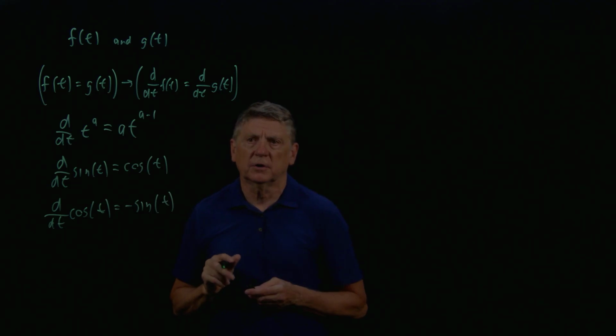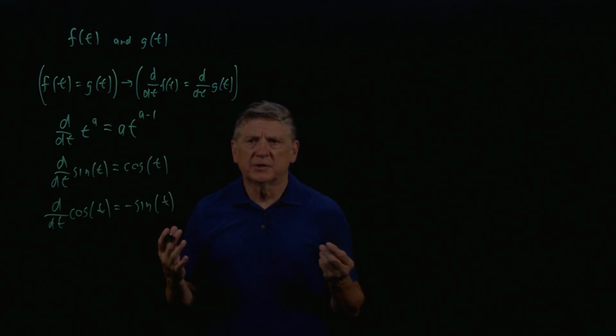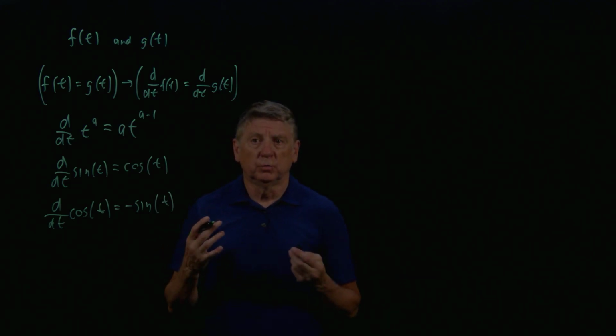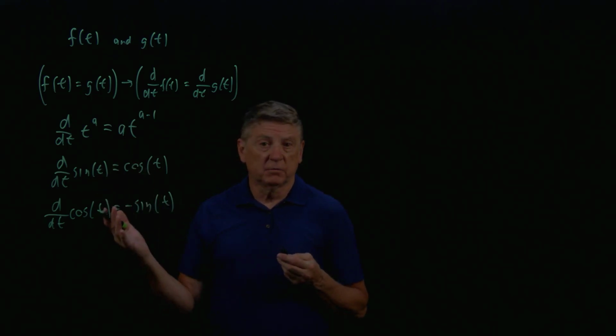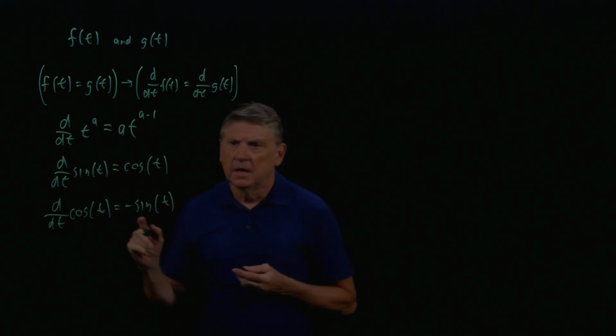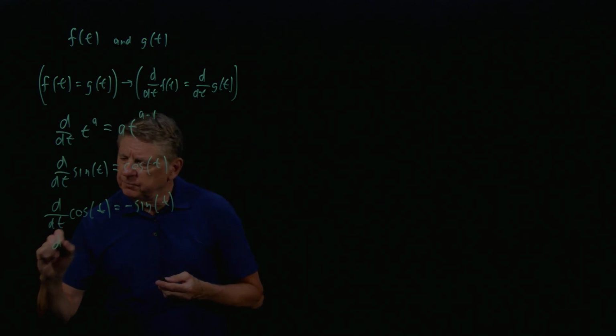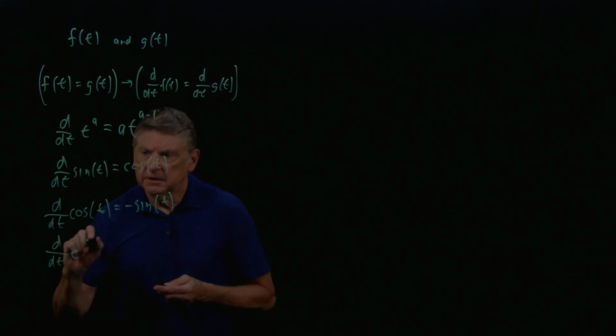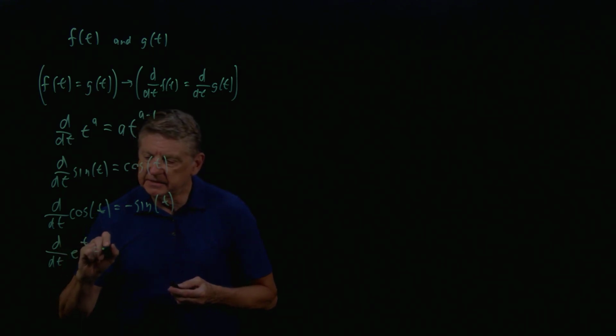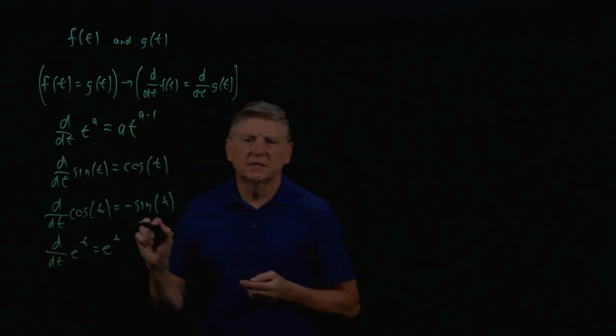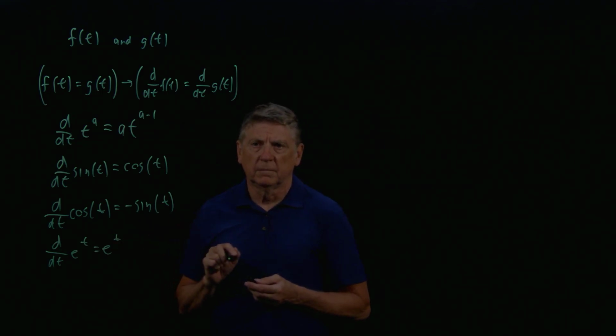And for exponentials, there are two rules. One of them is general and one of them is specific. The derivative with respect to t of e to the t is e to the t. This is a very simple and very powerful rule.